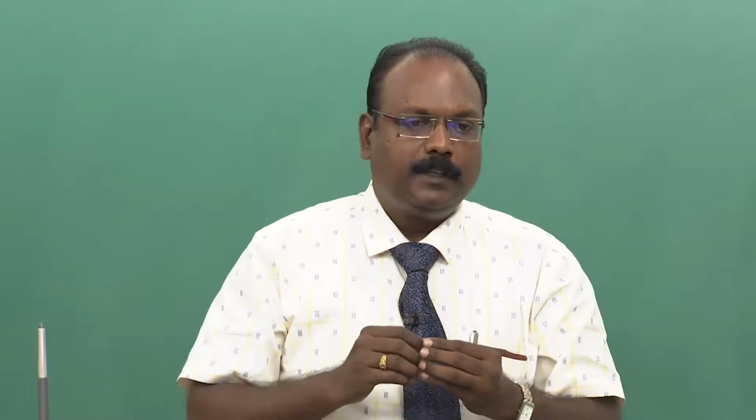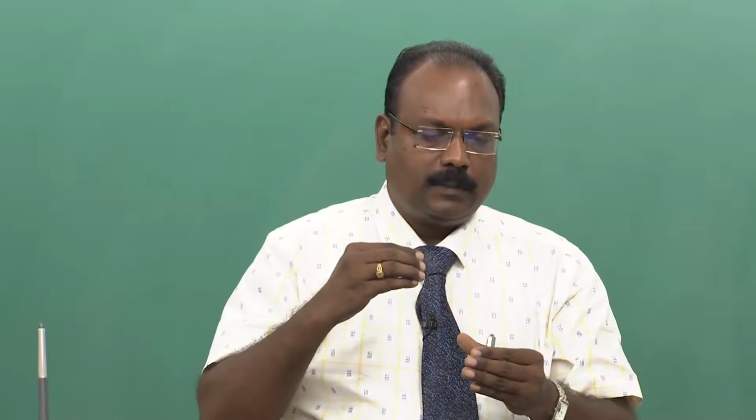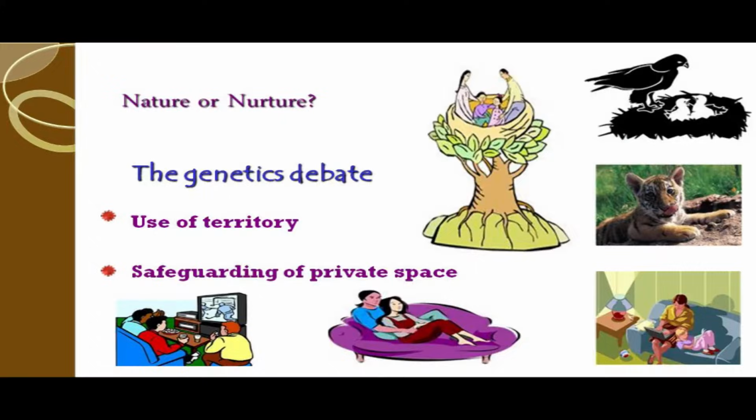The other aspect in which people who argue that this comes to us through genetics, they say that our sense of territory, the way we use territory, the way we use our surroundings, our home, they say it's just like the way the animals, the birds use their nest.